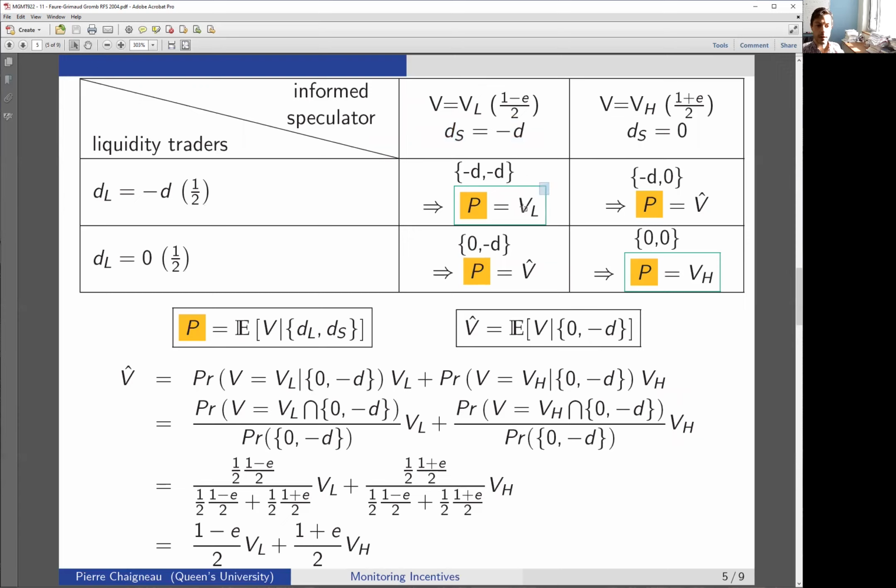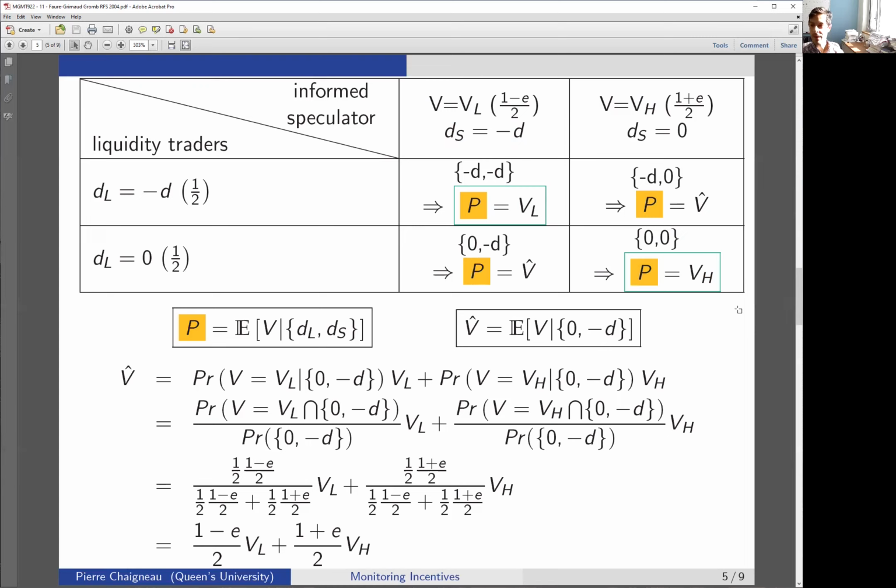Okay, so that's easy. In this case, the stock price is simply going to be equal to VL. Another easy case is when no one does anything. What does that imply about the information of the speculator? It means that the speculator observed that firm value is equal to VH if he's informed, in which case the price will be equal to VH.